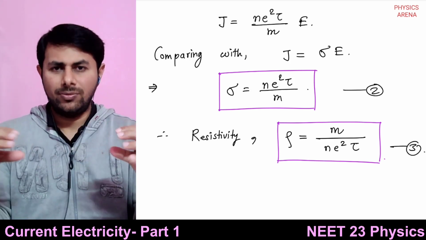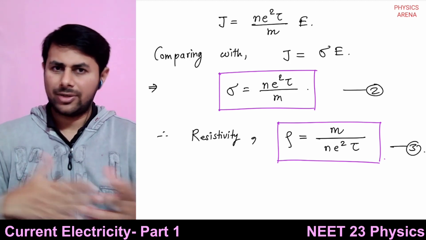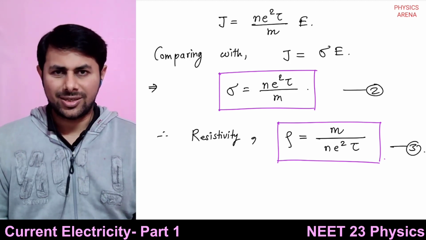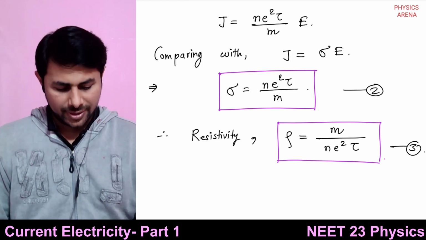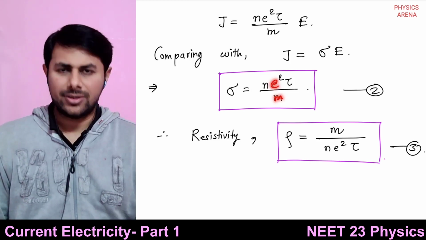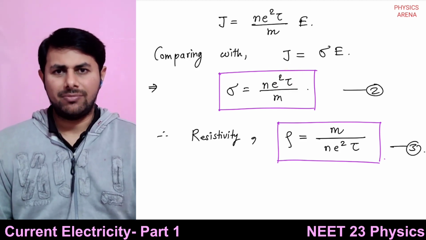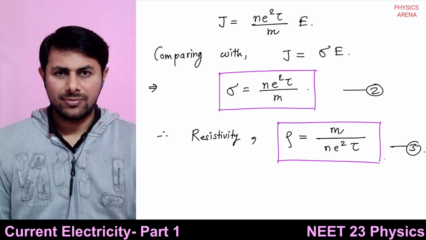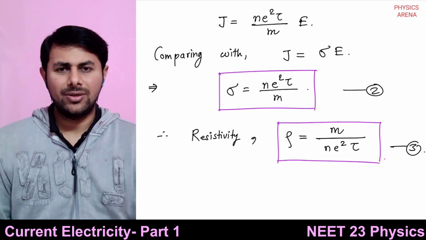If you take some volume of the conductor and there are n electrons inside that volume, the electrons are not moving outside the conductor, they are not going anywhere. So the number of electrons per unit volume is a constant. e is a constant, m is constant. But what about tau? What is tau? It is the average time between two successive collisions. So as you increase the voltage, the potential difference, what will happen?